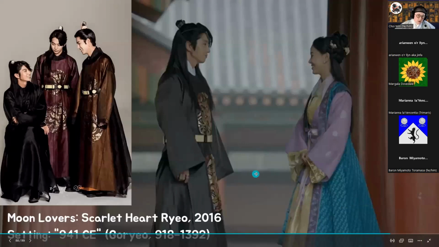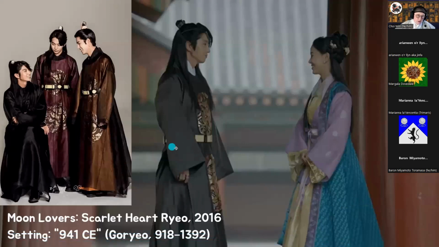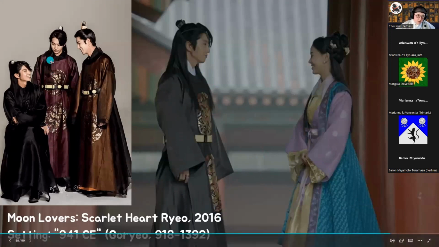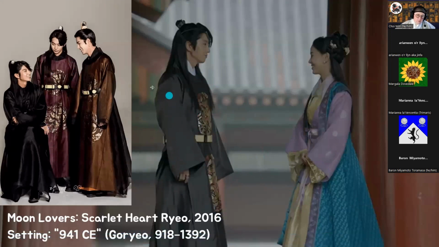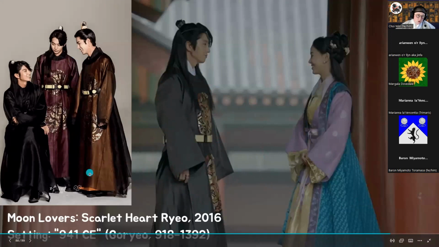Here's Moon Lovers, Scarlet Heart Ryeo. Terrible drama in my opinion. I hated it, but I watched it. I'm including pictures of it here because they're showing the way the princes would have worn these. The roundels are probably correct, but they're very slim line, and we would have had pretty baggy ones here, and the sleeves would have been super long.